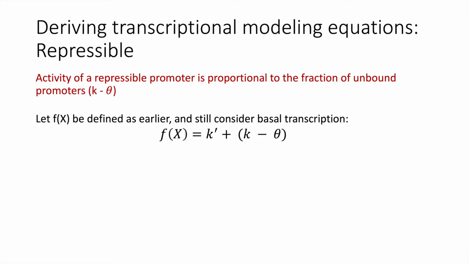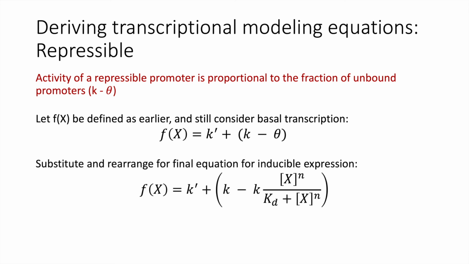So here we have f(x) is equal to k prime plus k minus theta. So now we have to substitute and rearrange for theta, and you can actually take that and simplify it further down to just f(x) is equal to k prime plus k times Kd over Kd plus x to the n.